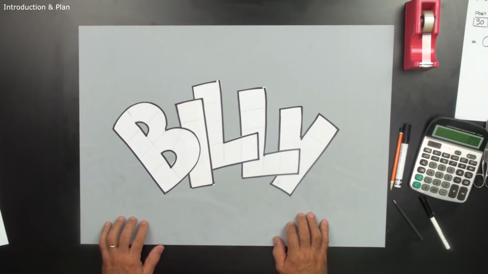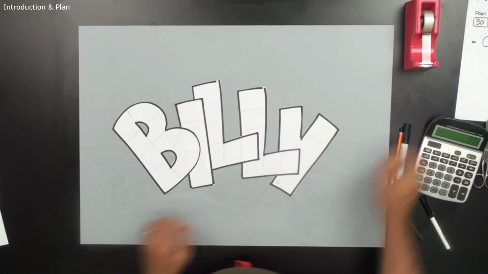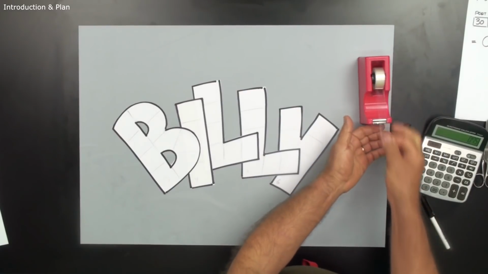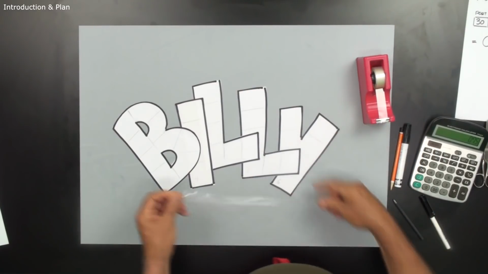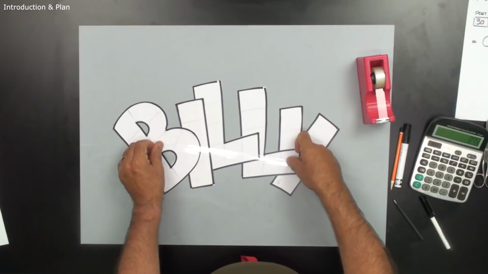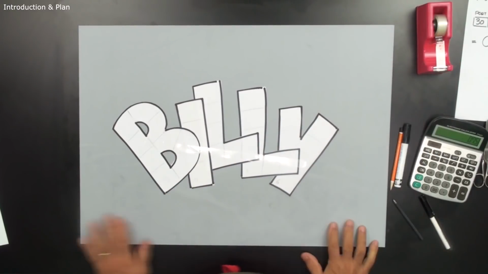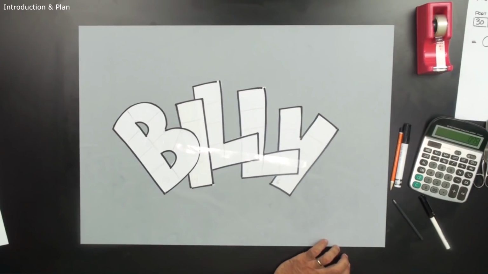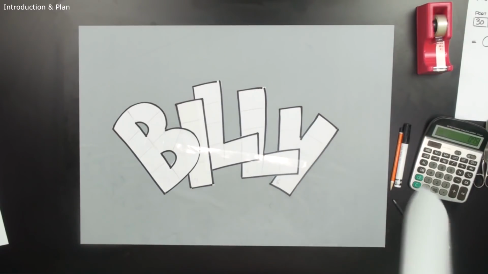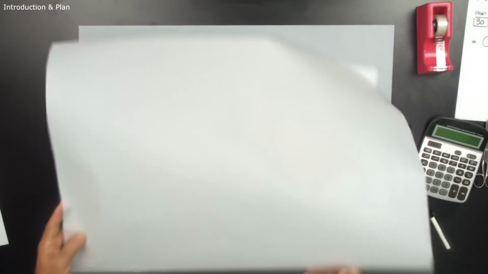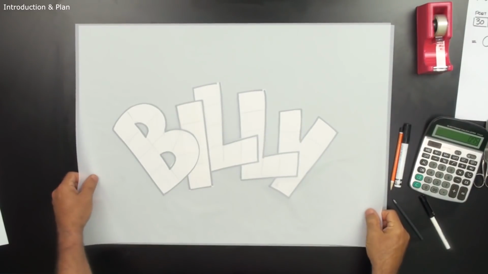So how do I do that? This is my positioning. I take a sticky tape, quite a big one, and lock this up. So the positioning is already locked, cannot change anymore. Finished. All right. Then I take the next semi-transparent paper and place it over here.